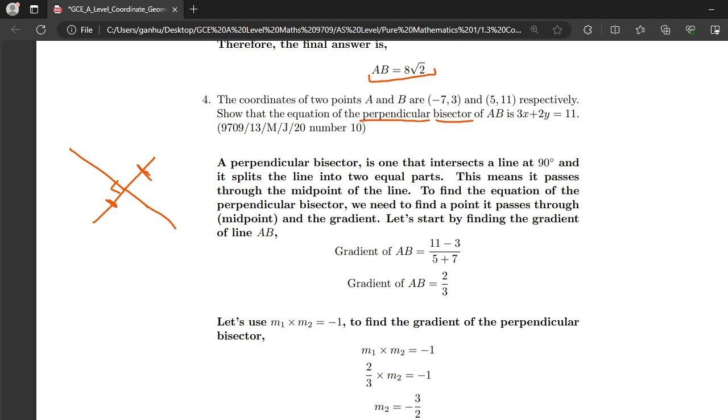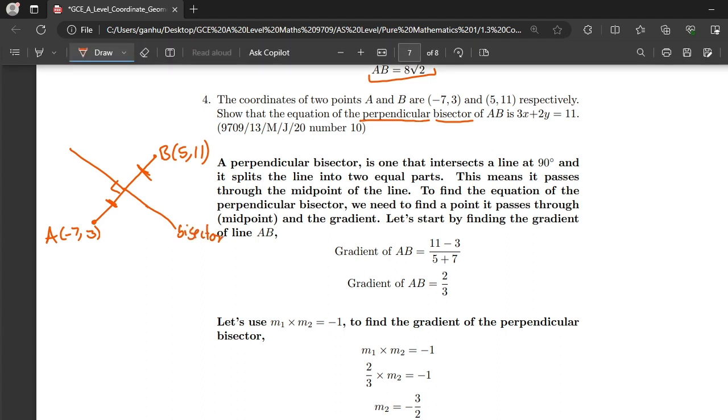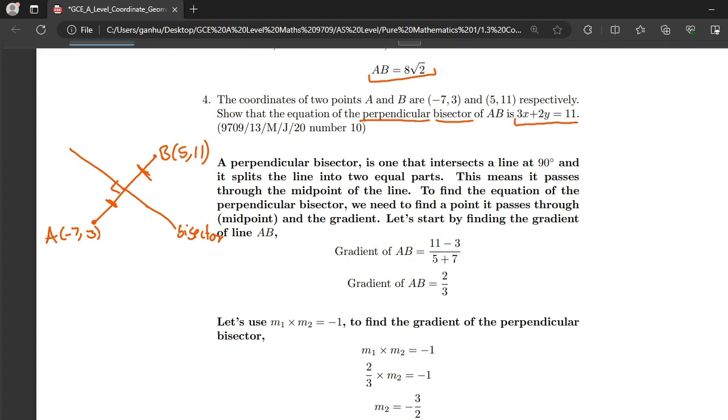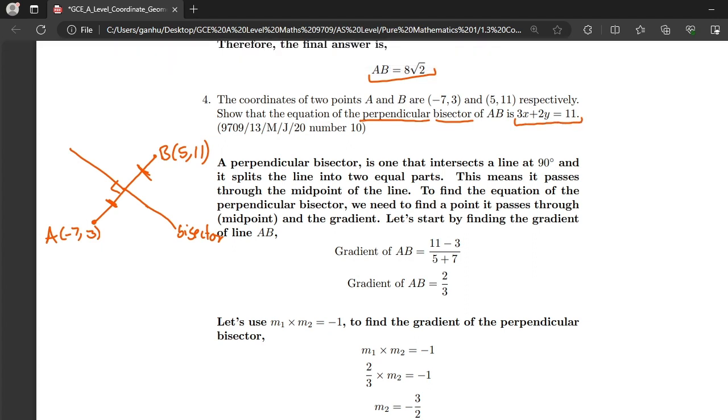In this case we have negative 7, 3, which would be point A over here, and then we have the point B, which would be 5, 11. They're asking us to prove that the equation of the perpendicular bisector, this line over here, is 3x plus 2y is equal to 11.